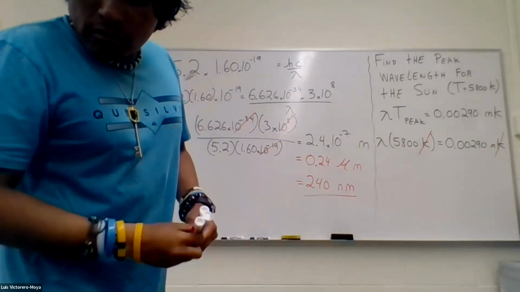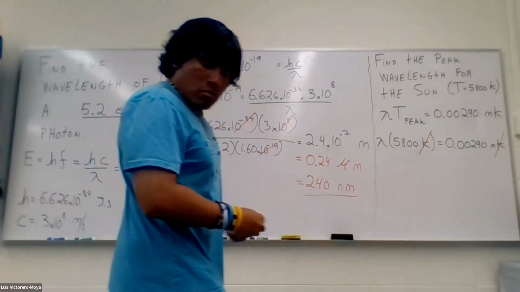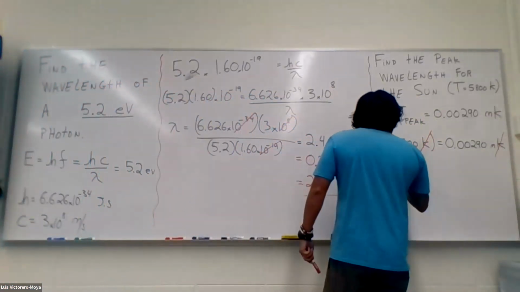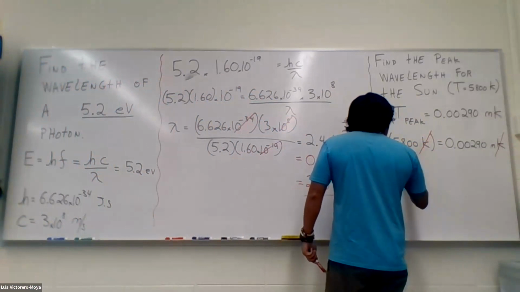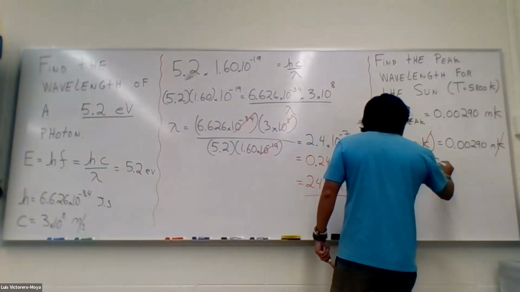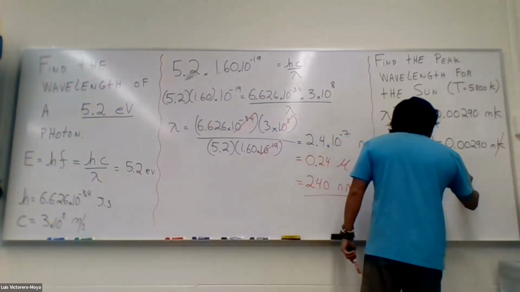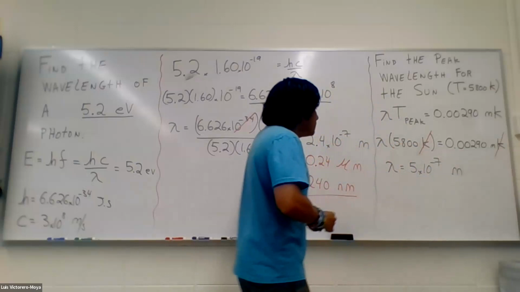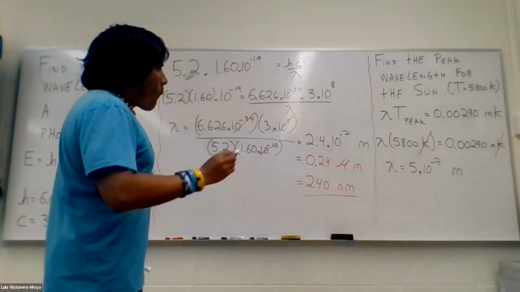So I get lambda equals 5 times 10 to the negative 7 meters.